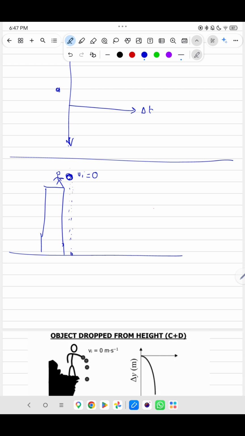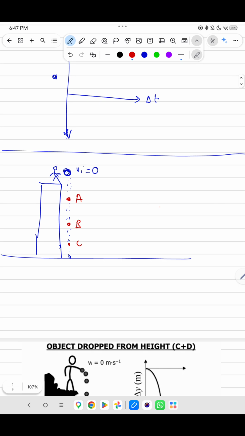The velocity of this ball at point A will be bigger than when it was here. It increases as it goes down, and there's a reason why it increases.